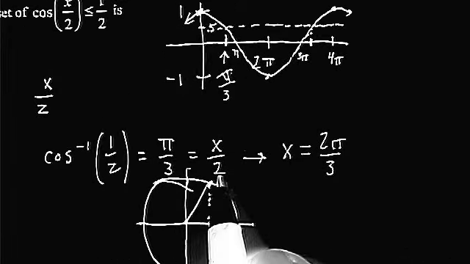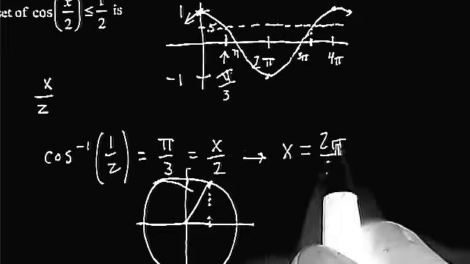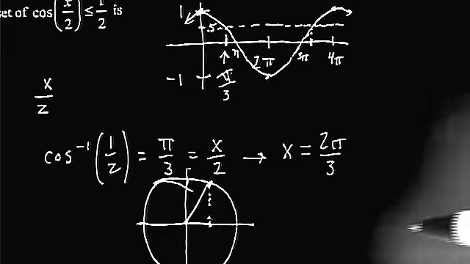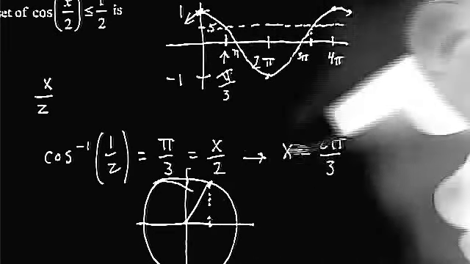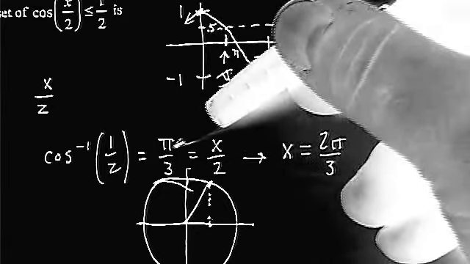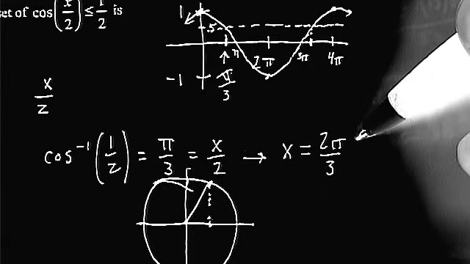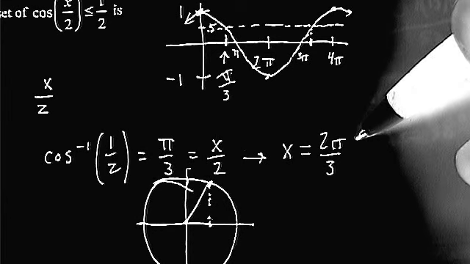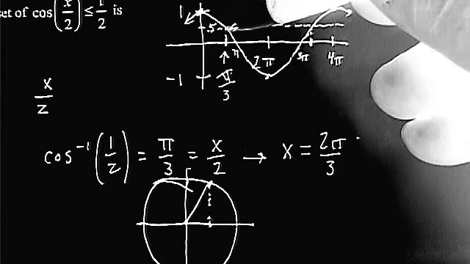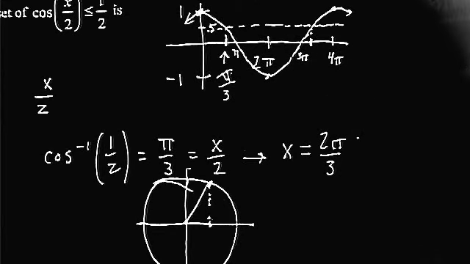So I multiplied by 2 to change this into 2 pi over 3. So I knew that would be the first place that it would happen, and then everywhere in between all the way up to 2 pi would be less than 1/2.